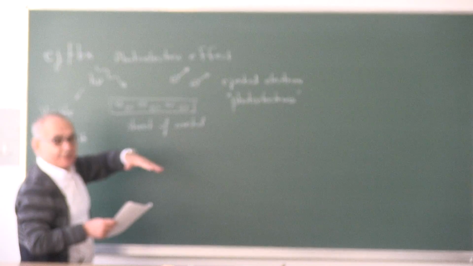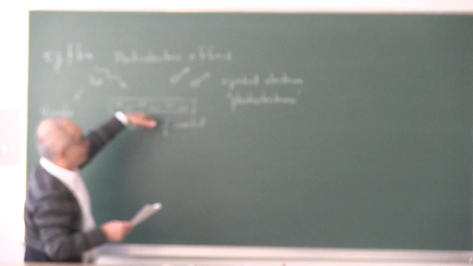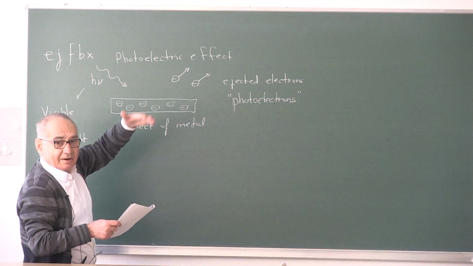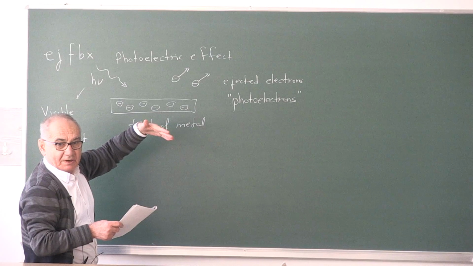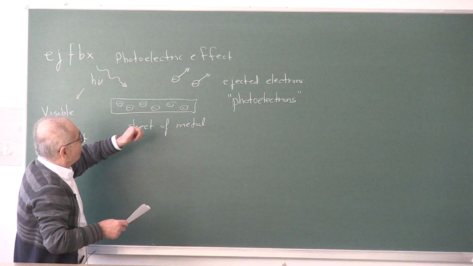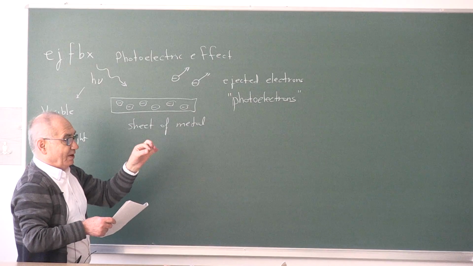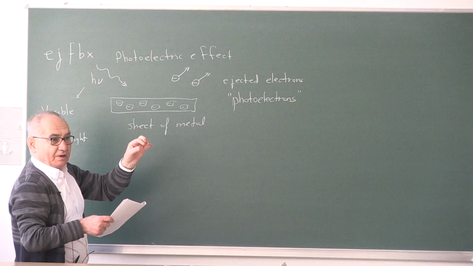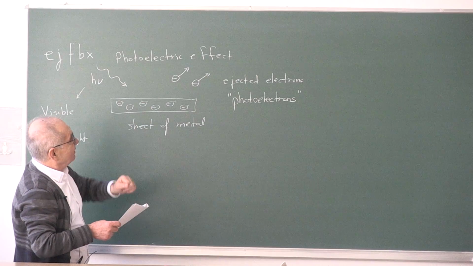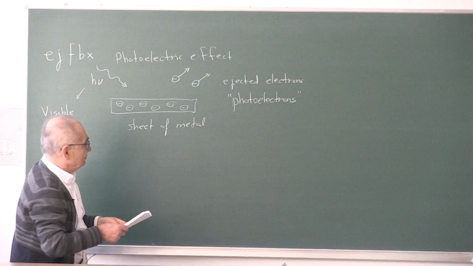At low frequencies of light, no photoelectrons are produced. Only at high frequencies of light, photoelectrons are generated. There is a starting value for the frequency of light, which causes electrons to be ejected.